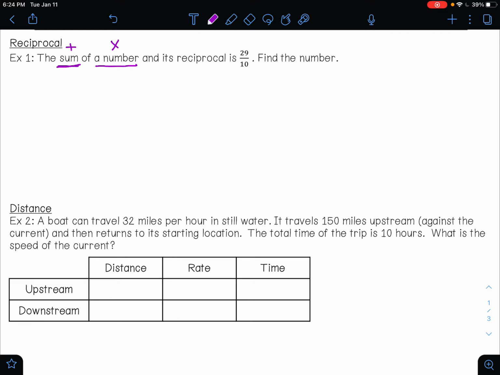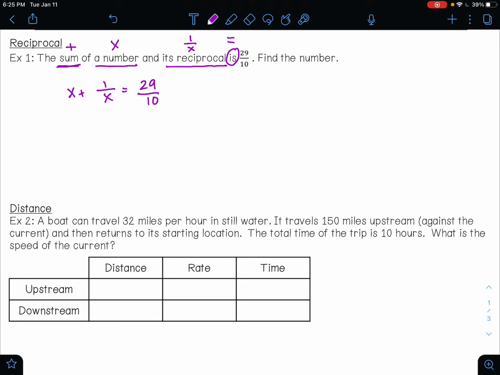I'm choosing x. So the sum of x and its reciprocal. Well, the reciprocal of x would be 1 over x. Is means equals. So I'll have x plus 1 over x equals 29 over 10.